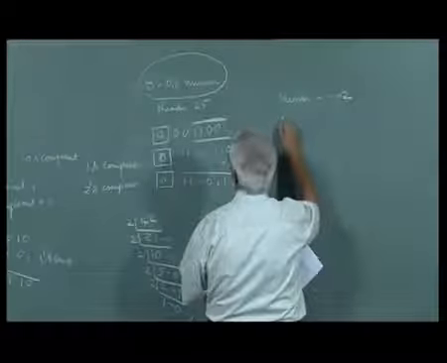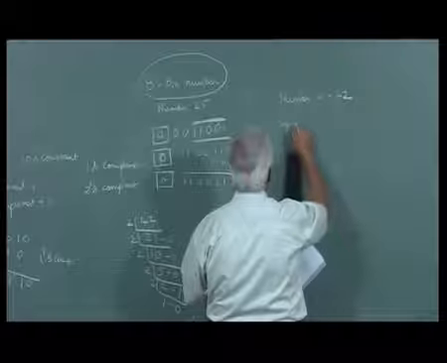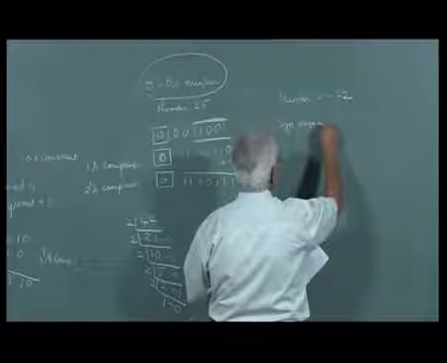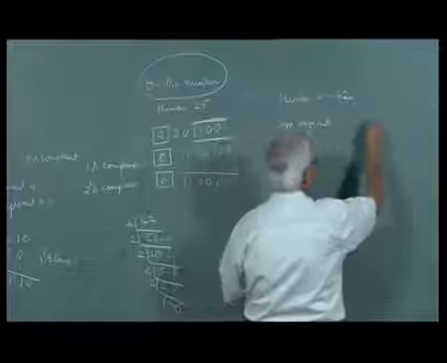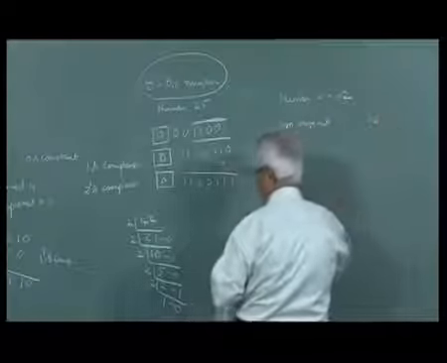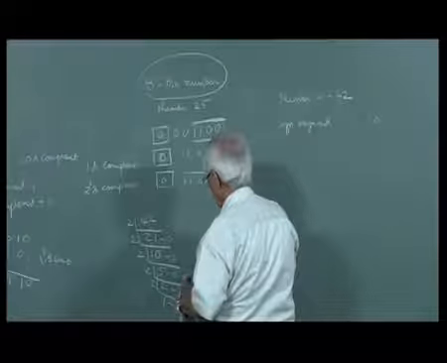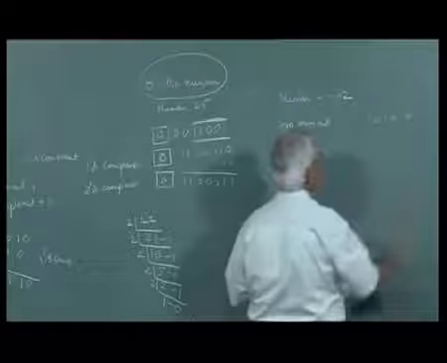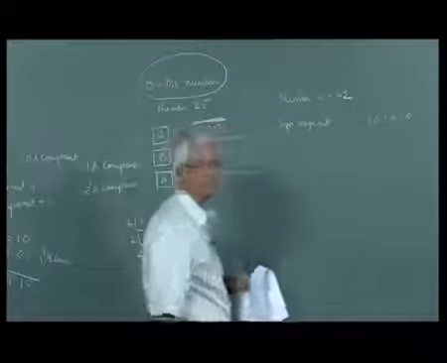Sign magnitude. 1, 0, 1, 0, 1, 0. Now how many bits are there? Only 6.